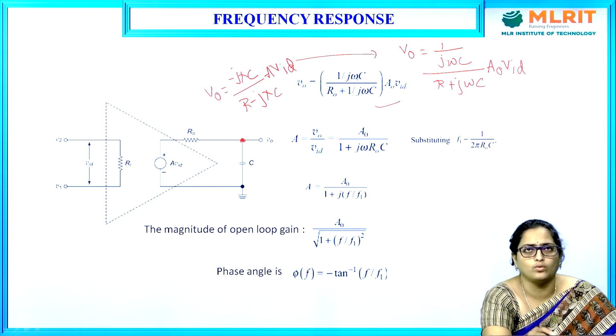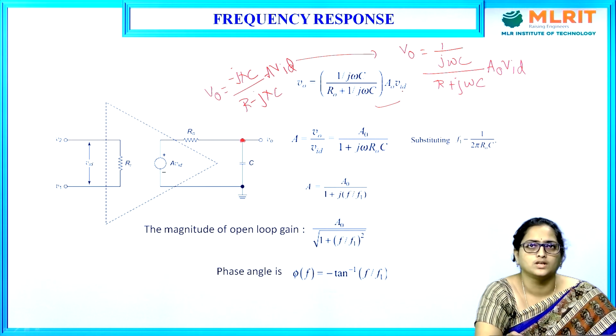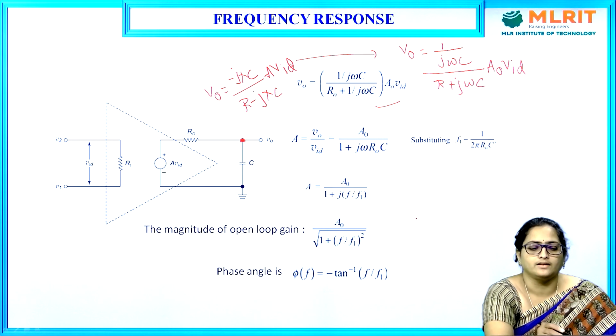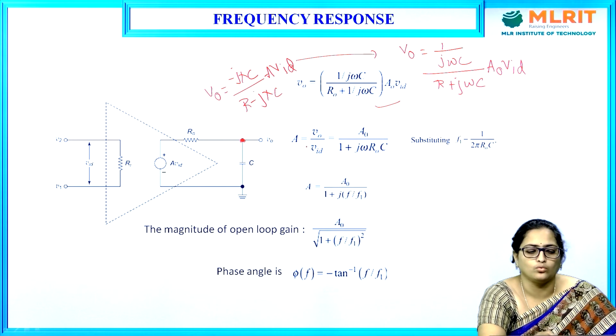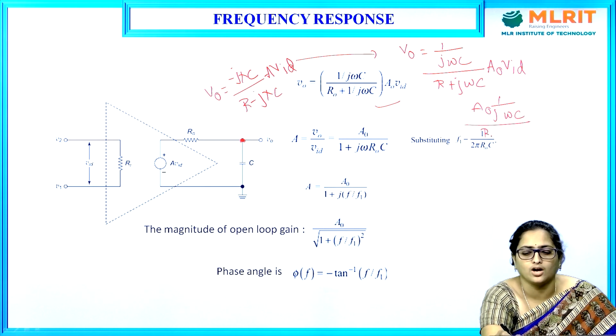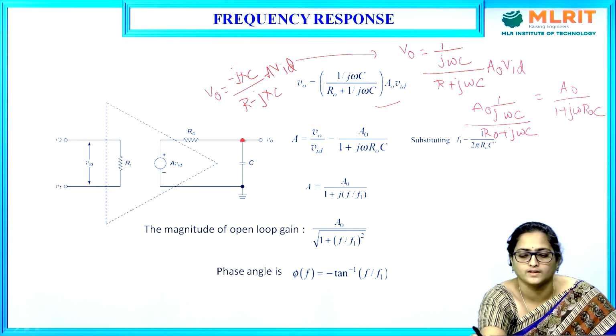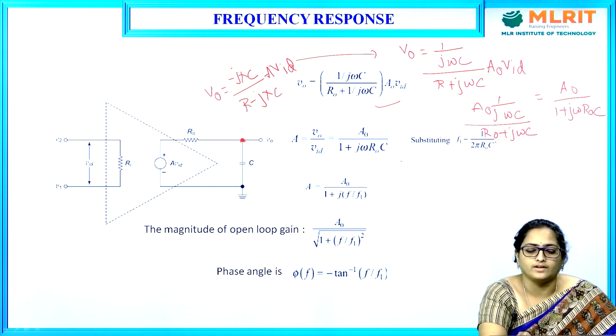V0 is equal to 1 by j omega C divided by R0 plus 1 by j omega C into A0 into VID. Gain is the ratio of V0 by VID. So V0 by VID can be given as A0 into 1 by j omega C divided by R0 plus 1 by j omega C, which you can write as A0 by 1 plus j omega R0 C, where let us assume F1 as 1 by 2 pi RC.